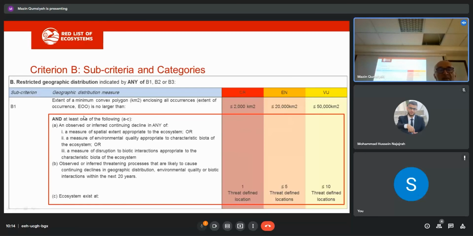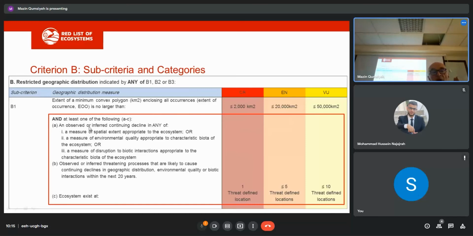And at least one of the following sub-conditions, A to C: unobserved or inferred continuing decline in any measure of spatial extent, measure of environmental quality, measure of disruption, or observed or inferred threatening processes.